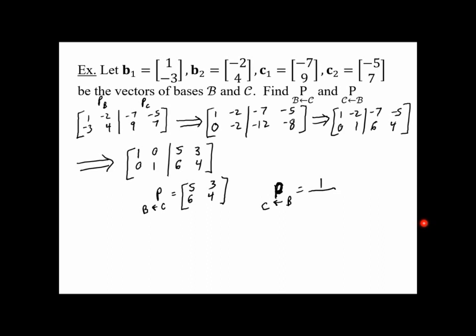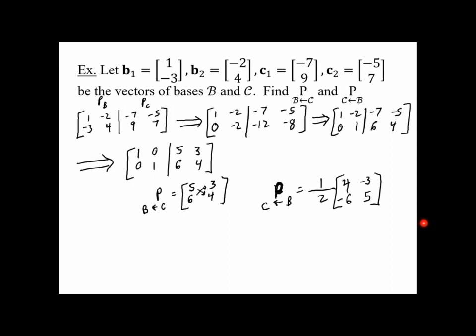Remember, the determinant is 5 times 4 minus 6 times 3, so 20 minus 18 is 2. Times the new matrix where we switch the two entries in the main diagonal, that's the 5 and the 4, switch spots. And then do the opposite of the other two spots. And so without having to go through all the row reductions, we've now got the other matrix as well.